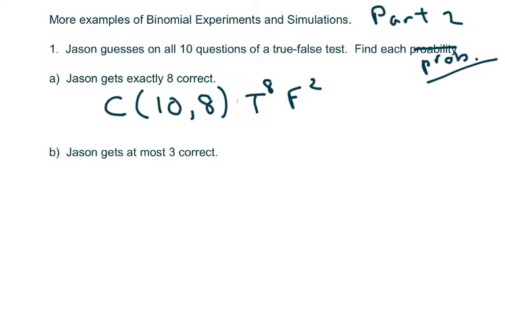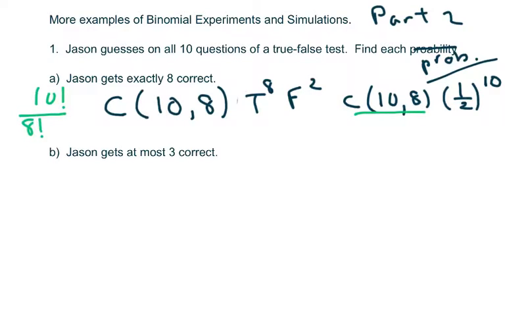So you can write this as C, 8, and this would be 1/2 to the 10th. And then you should know that I'll just do this one time. This is 10 factorial over 8 factorial times 2 factorial.